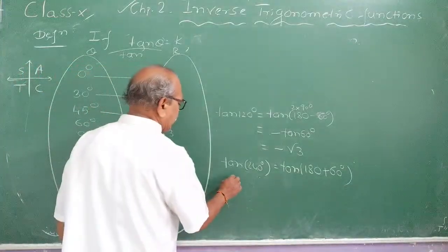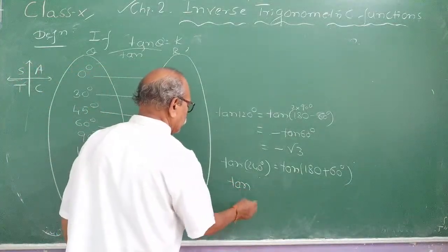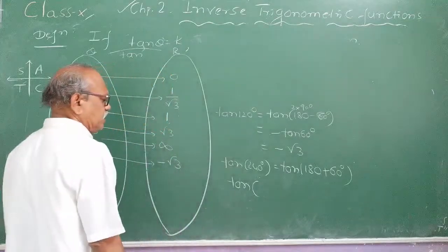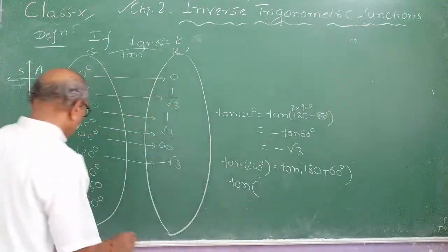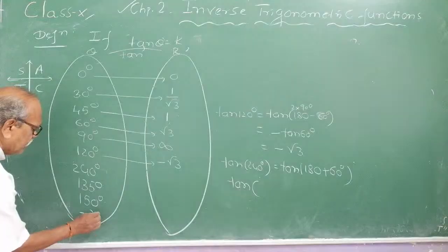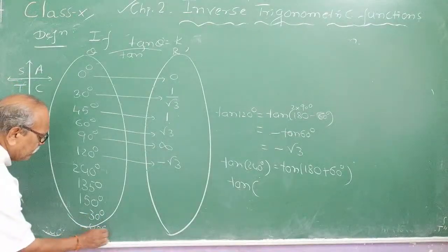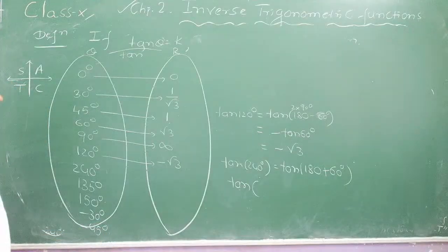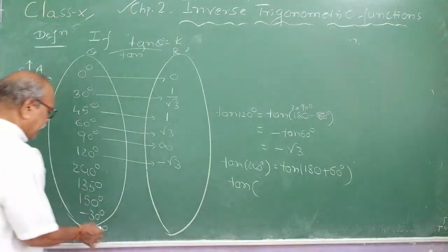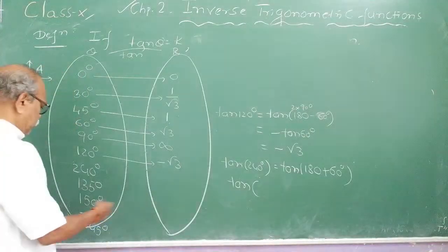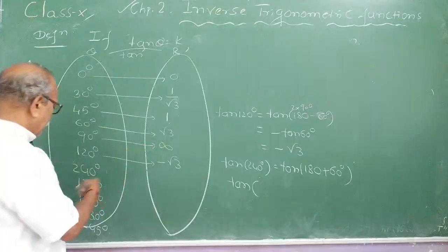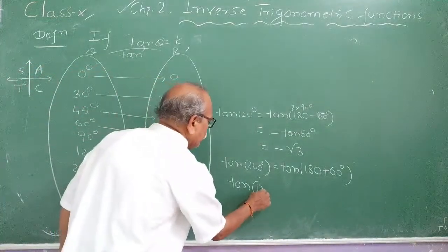Or even you can take tan minus 30 degree, tan minus 45 degree. If you take tan minus 30 degree, tan 240 degree, calculate the tan 135 degree.